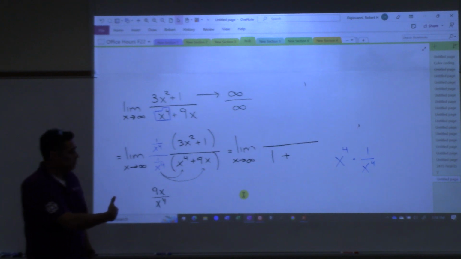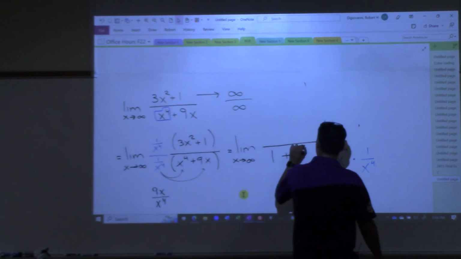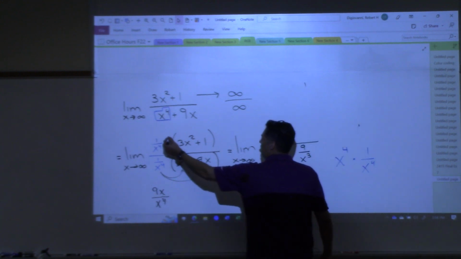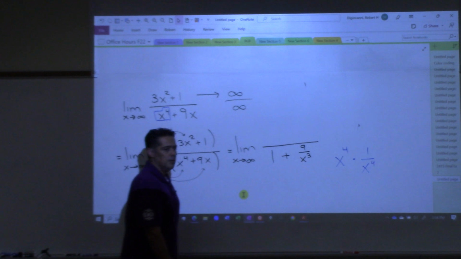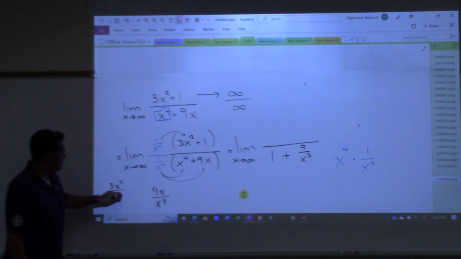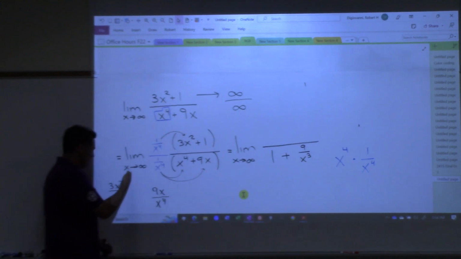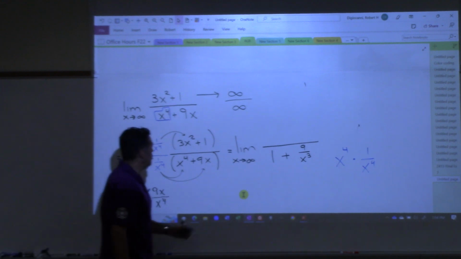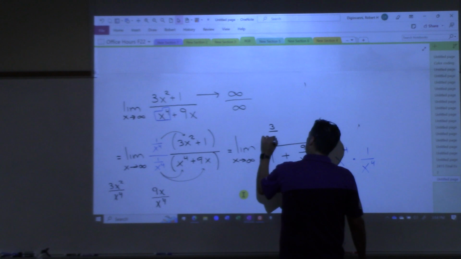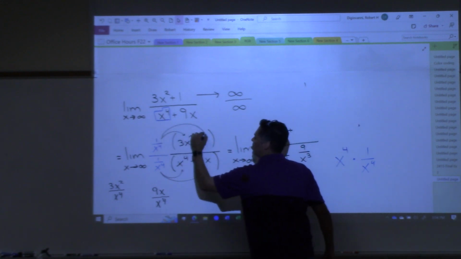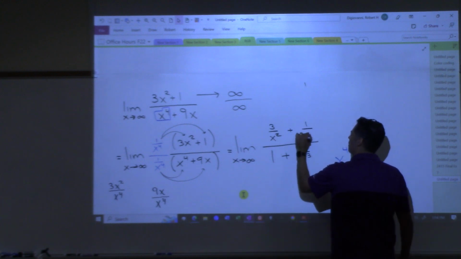Y'all agree? Let's see what happens up top. When I do here to here, what do I get? 3x squared over x to the 4th, right? Cancel out 2 factors of x, so we get 3 over x squared. And then plus, and then here to here, well, 1 times that is just itself.